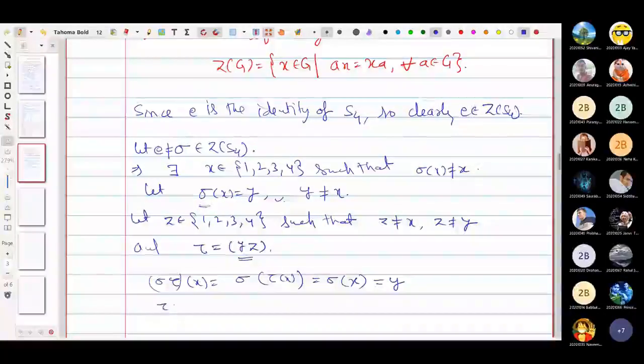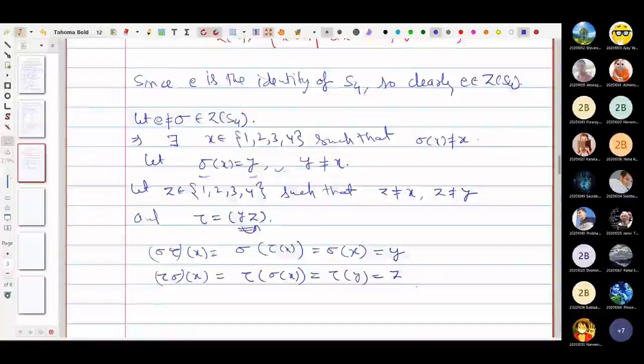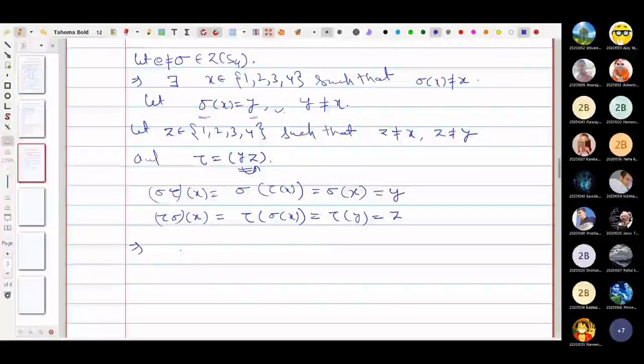Again, let us consider tau and sigma, and compute the image of x under this map. So tau of sigma of x. Sigma of x is equal to y, and tau of y equals z, because we have considered this. So from these two, we have sigma tau is not equal to tau sigma.